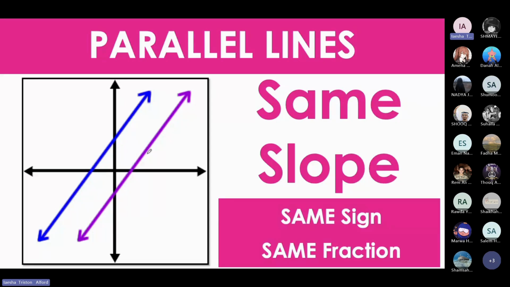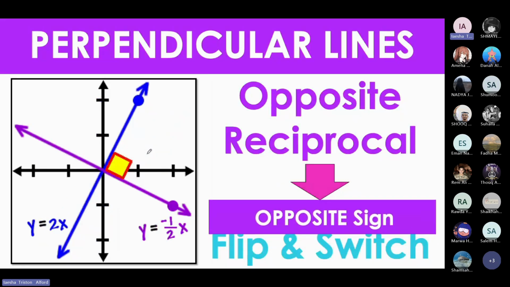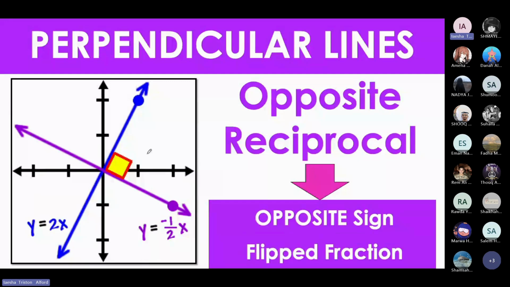Is it the same sign? Is it the same fraction? If everything is yes, the name is parallel. For perpendicular, flip and switch, right? Flip and switch means opposite sign, flipped fraction. So if the signs are opposite and the fraction is flipped, the name should be perpendicular. They want to know, can you say what is the correct name?